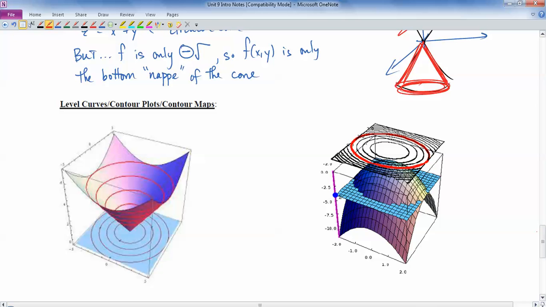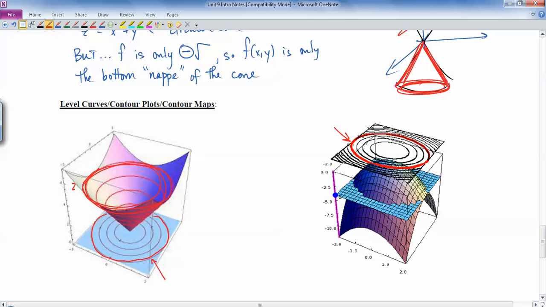The actual level curves are these guys down here, or in this case, it's the stuff that's up above the picture here.